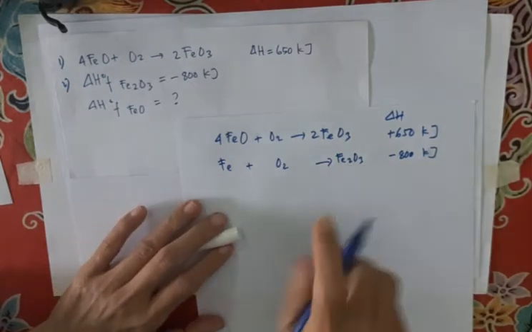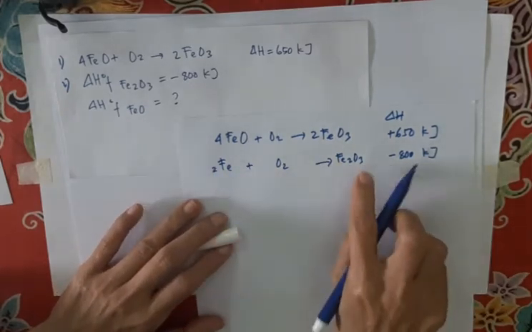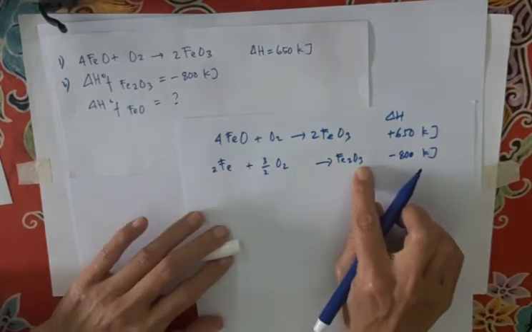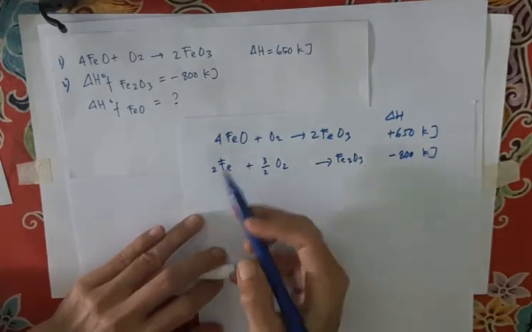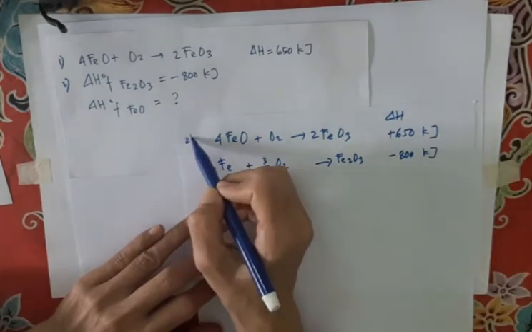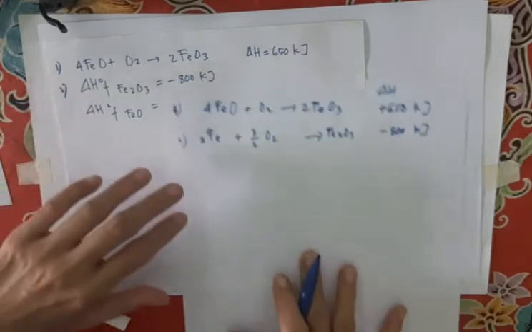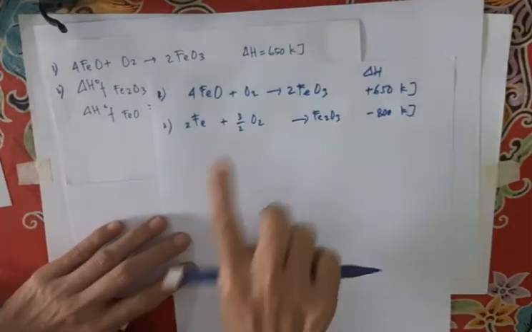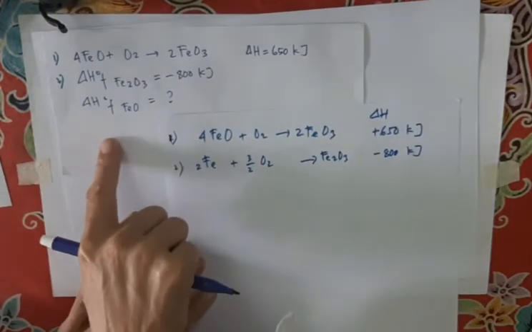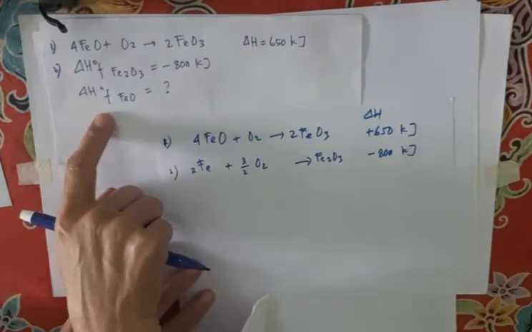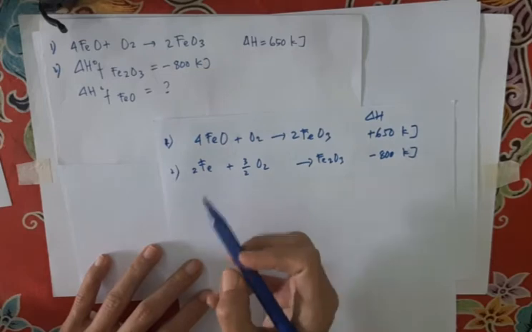We have 2 Fe and 3 oxygen atoms. So we have two thermochemical equations here, but we need to convert this into thermochemical equations.